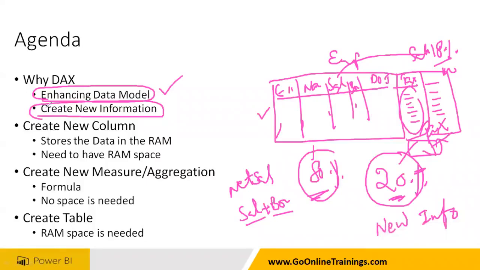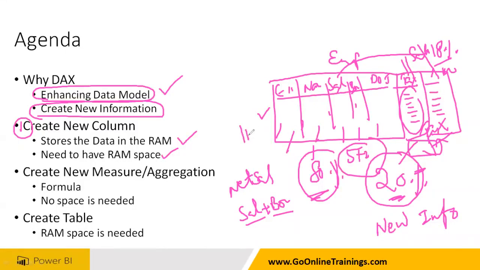So what all can we do with DAX? There are three things that you can do. One is you can create a new column. New column means I have given you a tax or a net salary and so on. It stores the data in the RAM, so you need to have the RAM space. You need to have 1, 2, 3, 4, 5 columns plus the extra tax column and net salary, so 2 columns of data also you need to have.